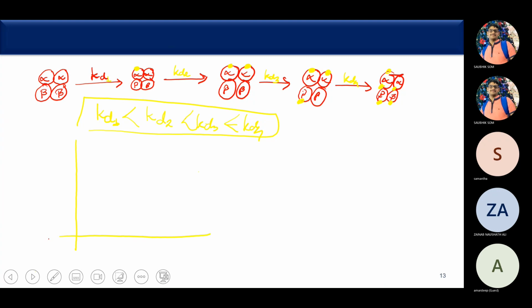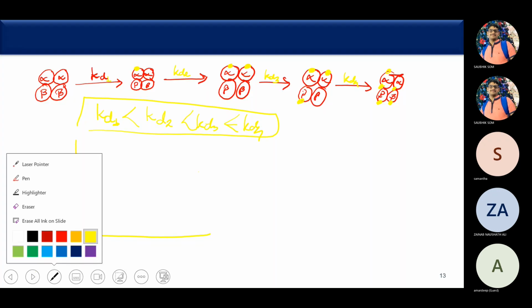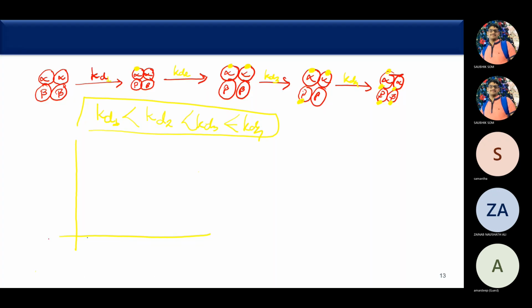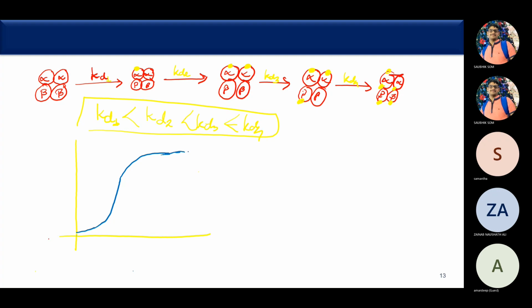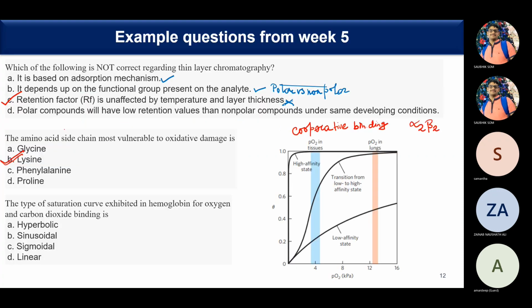So as you can see here, at first the binding will be slow. Then as more and more molecules bind, after a point of time it will get saturated because there is no binding site left.